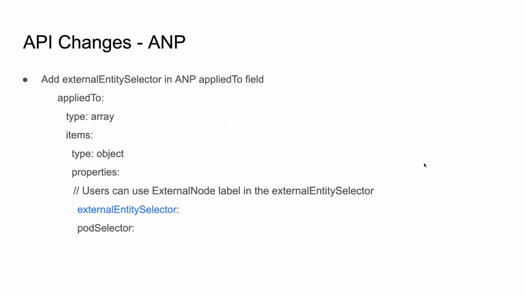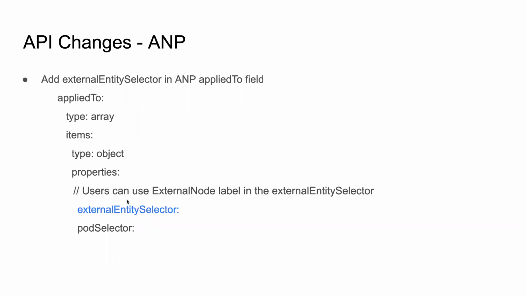Another API change is the Antrea network policy API change. As I have already pointed out in the example case, we want to add an external entity selector in the ANP appliedTo field. With this change, the ANP appliedTo field can be either pod selector or external entity selector.